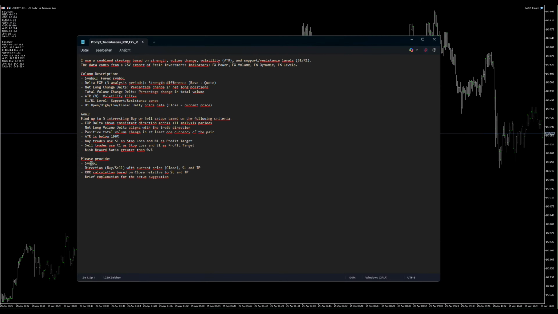Then in the end, please provide symbol, direction (buy, sell) with the current price, close as entry, SL and TP, risk and reward ratio calculation based on SL and TP, and a brief explanation for the setup suggestion. So that's it. We have everything we need.